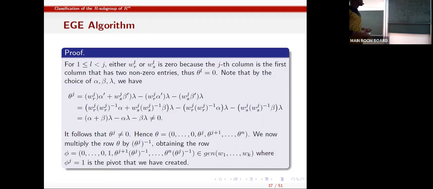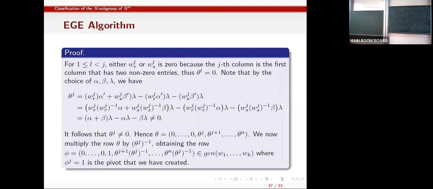So this phi belongs to the gen of W1 up to WT. Therefore, the gen is equal. We can write this as the gen of phi together with W1 up to WT, and the gen remains unchanged.